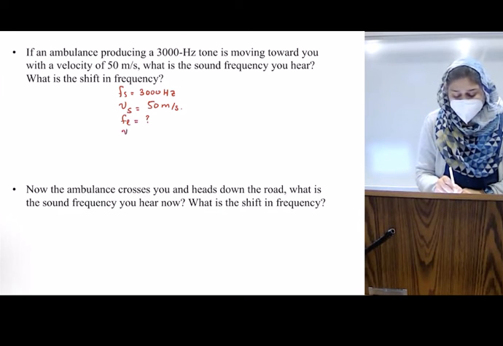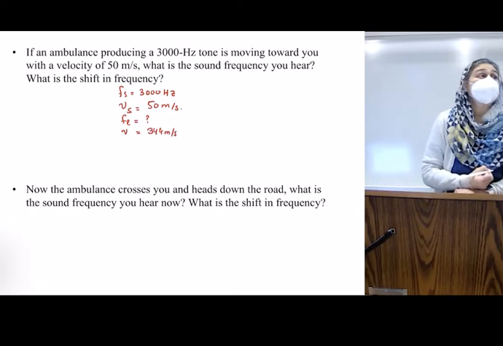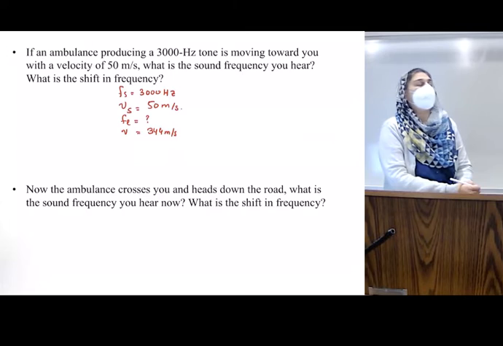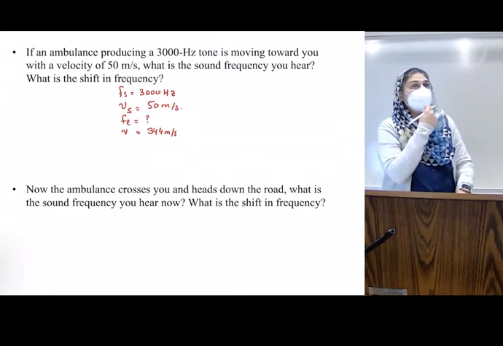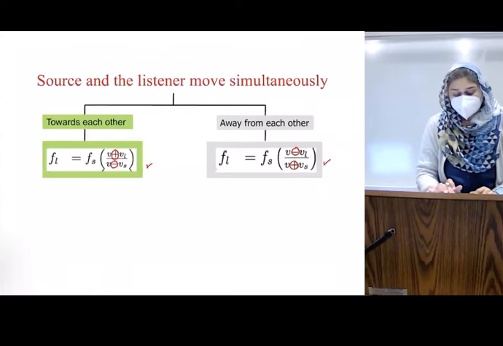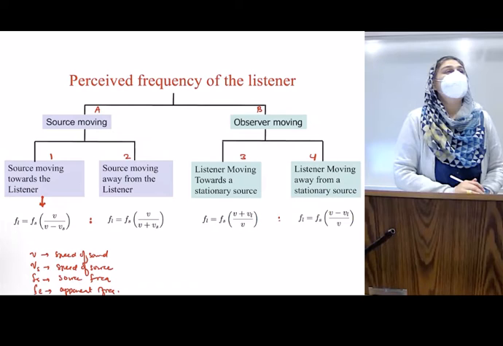And under normal conditions, the speed of sound is 344 meters per second, give or take. Sometimes also people write 343. Either one is fine. 344, 340. So out of these cases, which is it?